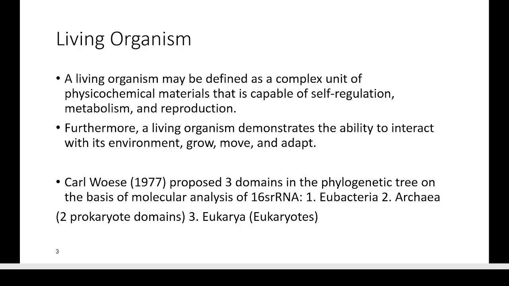These three domains are eubacteria, archaea and eukarya. Out of these three domains, the first two, eubacteria and archaea, belong to the prokaryote domain, while the last one, eukarya, is the eukaryotic group.